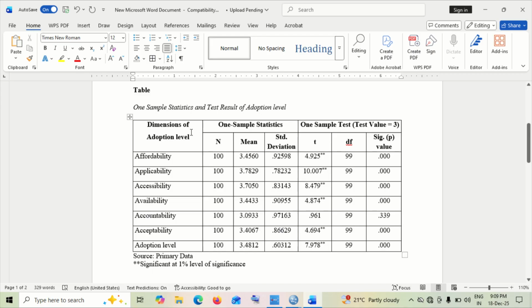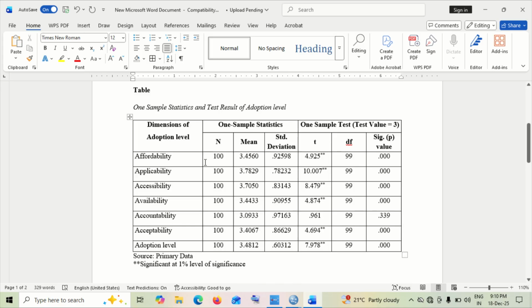We have to create a new table regarding the test result, that is dimensions of adoption level, one sample statistics differentiated in three columns, N, mean, standard deviation, and one sample test, that is t-value, degree of freedom, significance value. The test value is equal to 3.